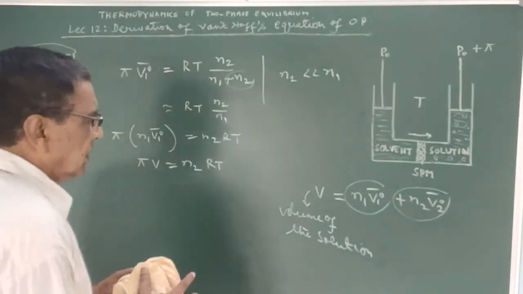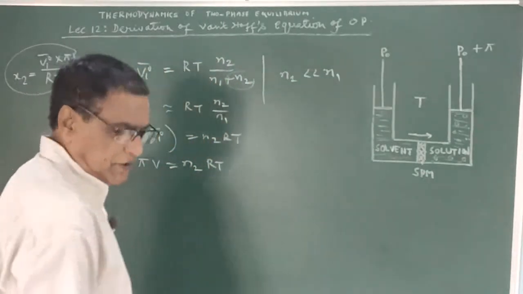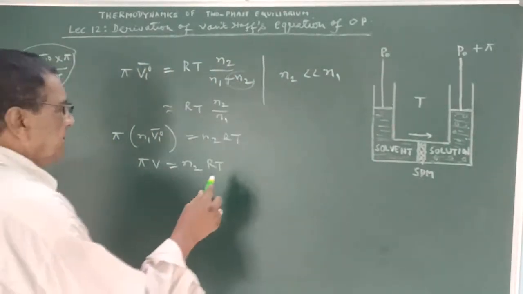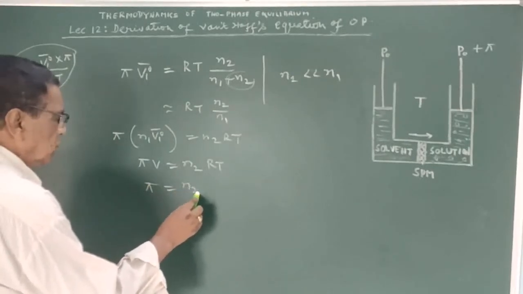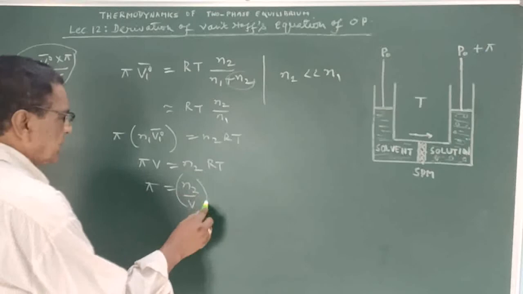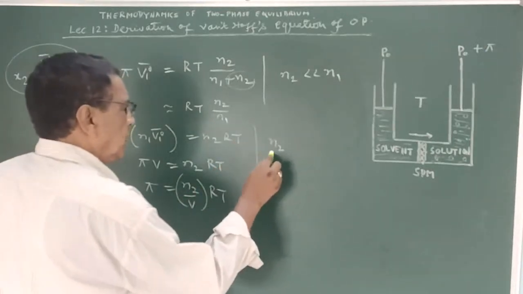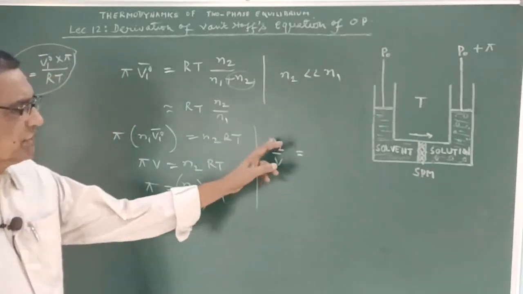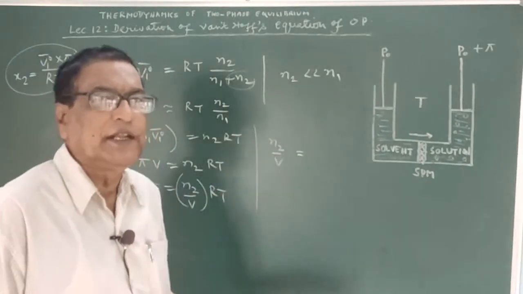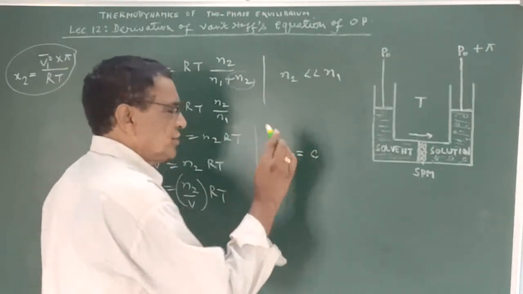Now if we would like to come to exactly the van't Hoff equation, then pi equals N2 divided by V into RT, and N2 by V means the number of moles of solute dissolved in V liters of the solution, and this is the molar concentration.